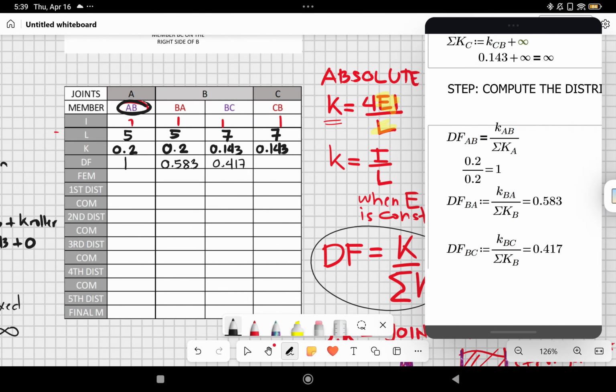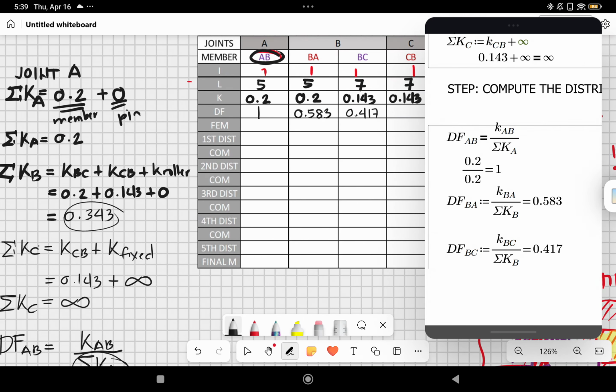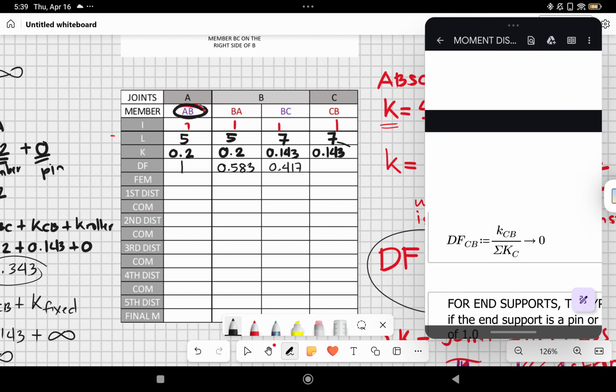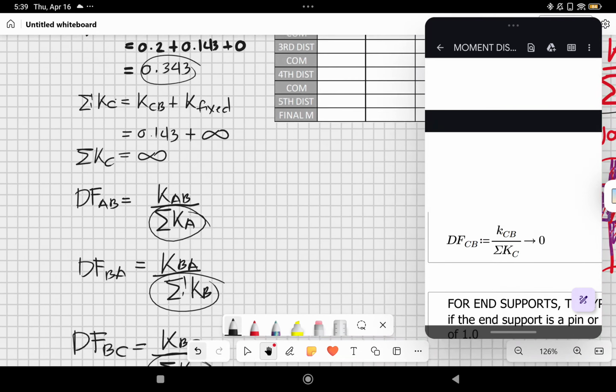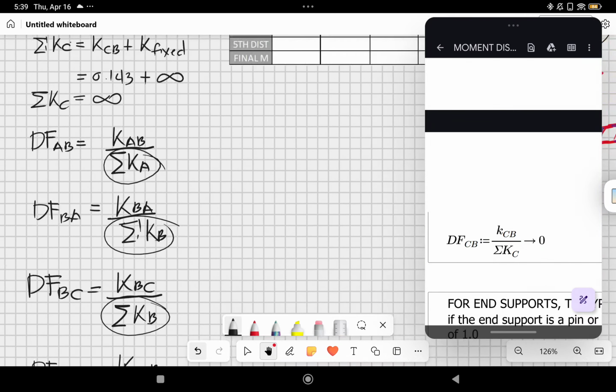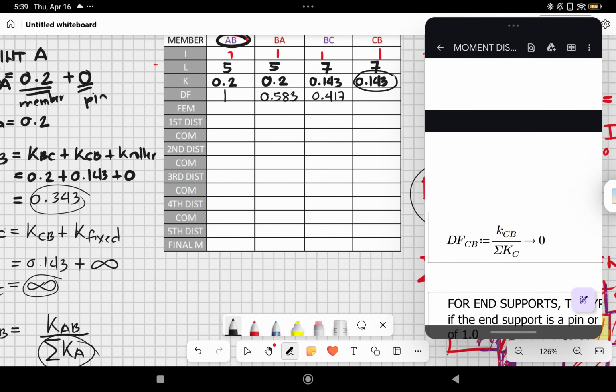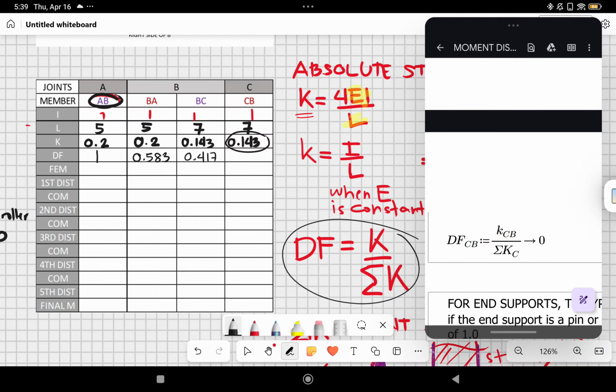And then DFCB is KCB over summation KC. KCB is 0.143 divided by summation KC, which is equal to infinity. So anything divided by infinity reaches a limit equal to 0.